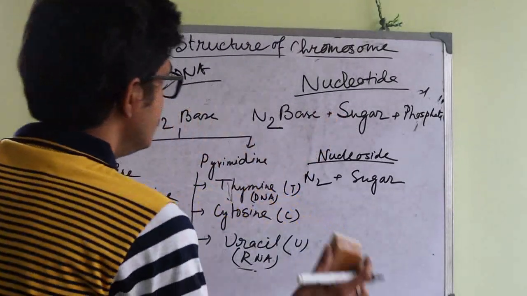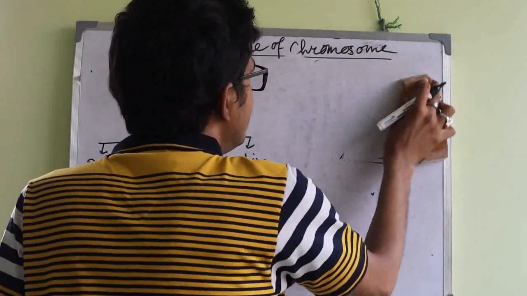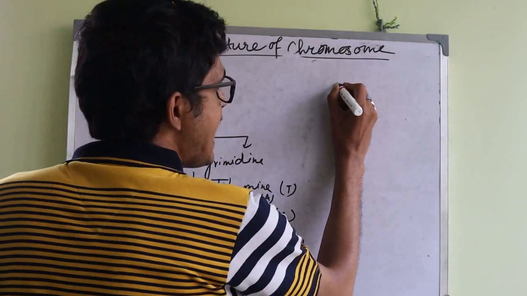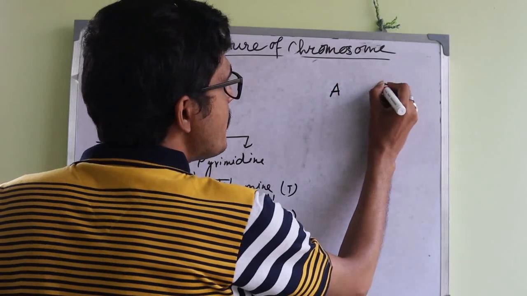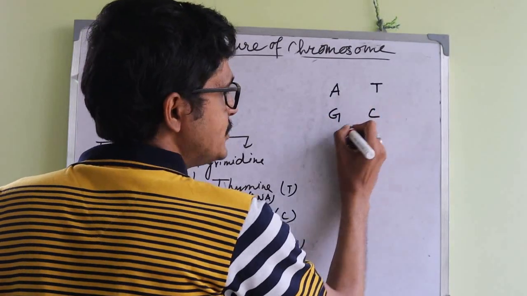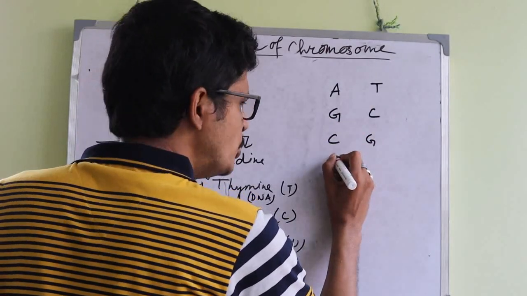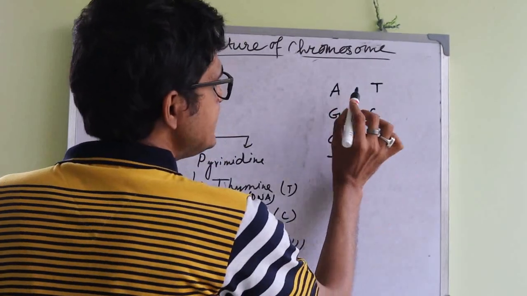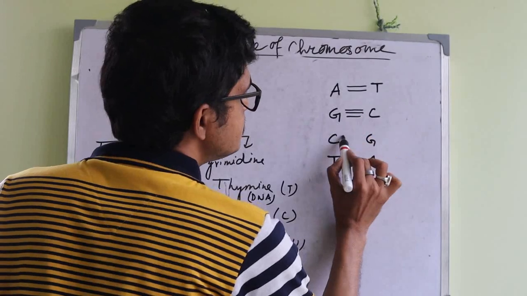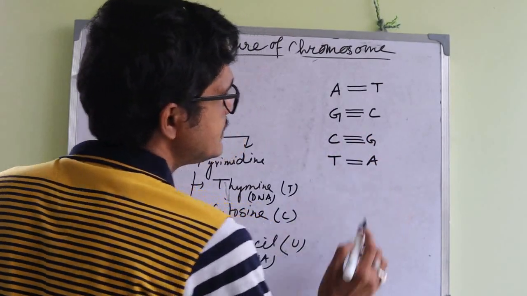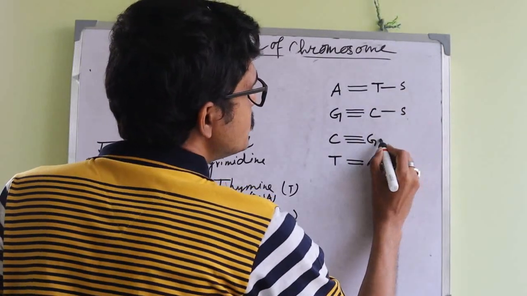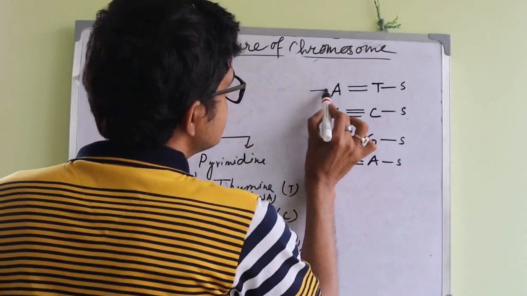Now we are going to learn about the structure of DNA. How is it formed? You see, adenine always combines with thymine. Guanine always combines with cytosine. These are combined with each other by hydrogen bonds, and they are joined to sugar molecules, which are pentose sugar.